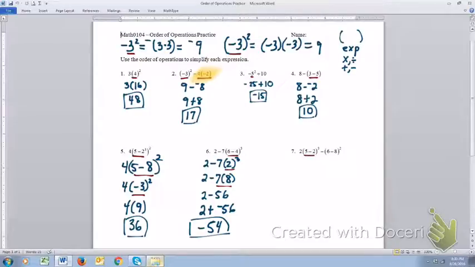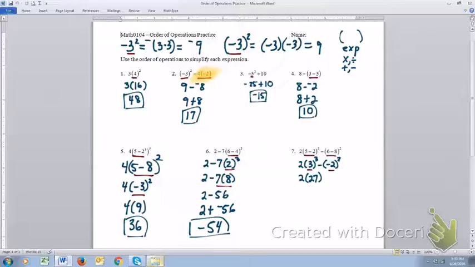Number 7, again, let's start inside the parentheses. So we're going to have 2 times 3 cubed minus negative 2 squared. So be careful, we want to apply the exponents next. So it'll be 2 times, now be careful, it's 3 times 3 times 3. You're going to get 27 there.